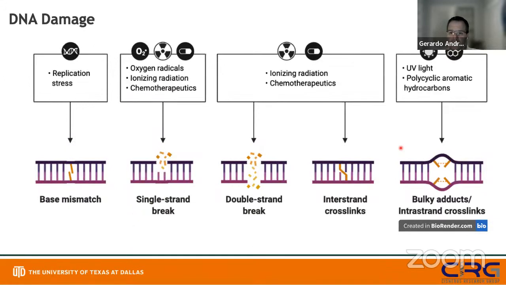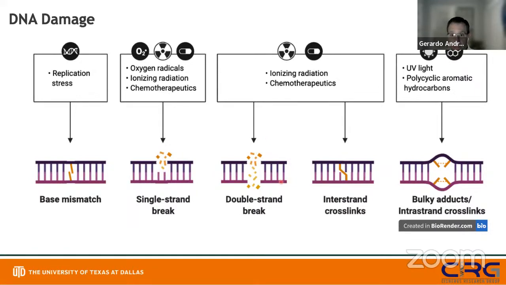What we have done is used classical QMMM and quantum approaches to investigate DNA damage. DNA is subject to insults, both endogenous and exogenous, from all sorts of different things: replication stress, oxygen radicals, chemotherapeutics, ionizing radiation, and so on. These lead to all sorts of different damage, like single-stranded breaks, double-stranded breaks, cross-links, adducts, and more.